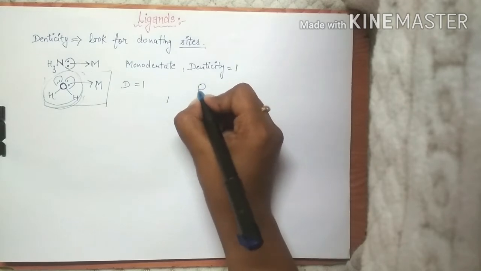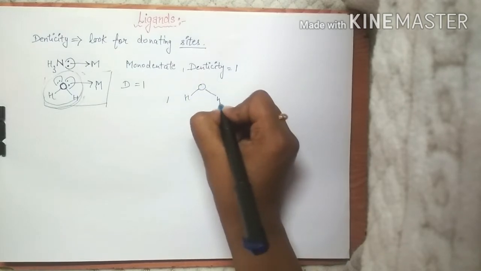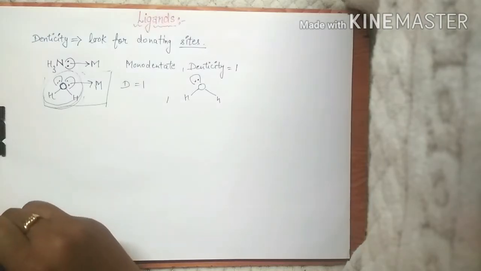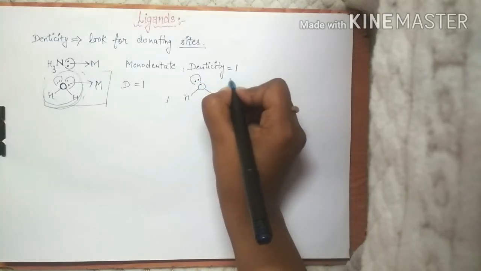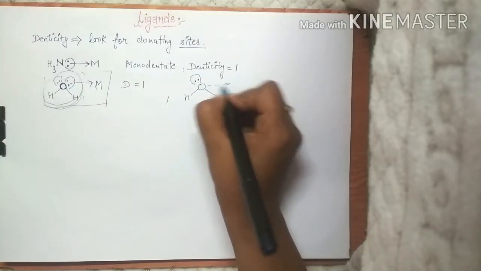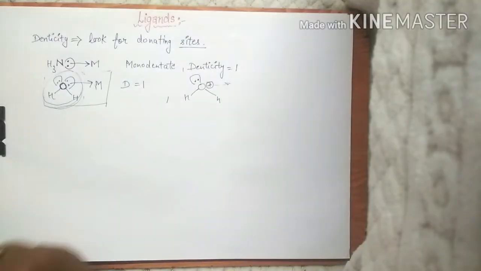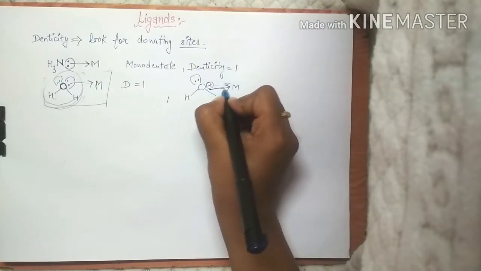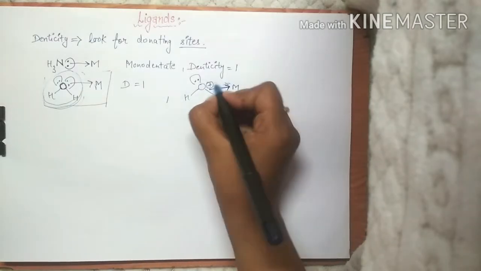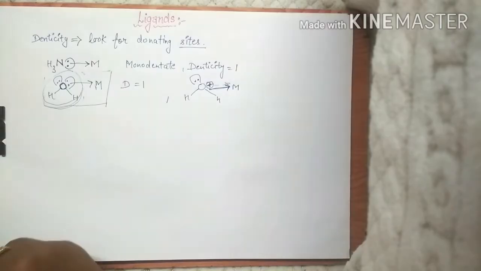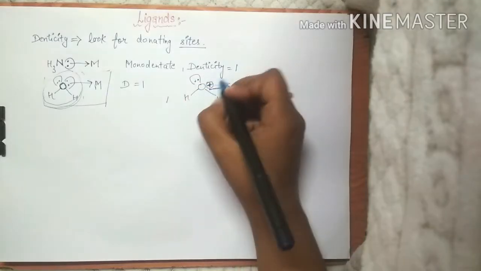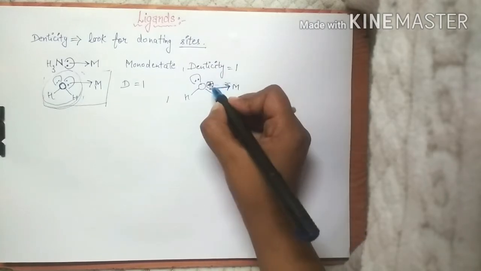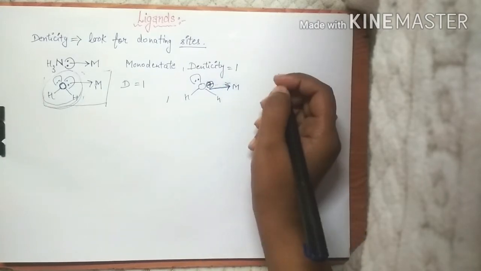The reason is that suppose this oxygen has donated one lone pair, one is remaining. Now because it has donated one lone pair to the metal, it is going to develop a positive charge. Oxygen being electronegative, having a positive charge on it is highly unstable.